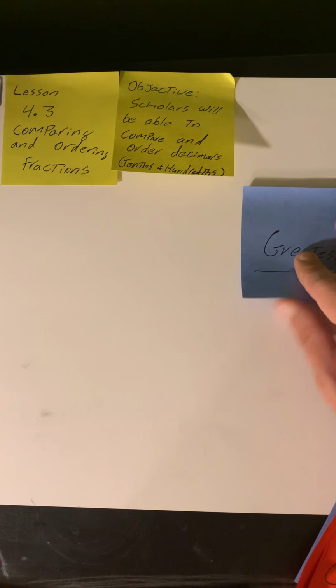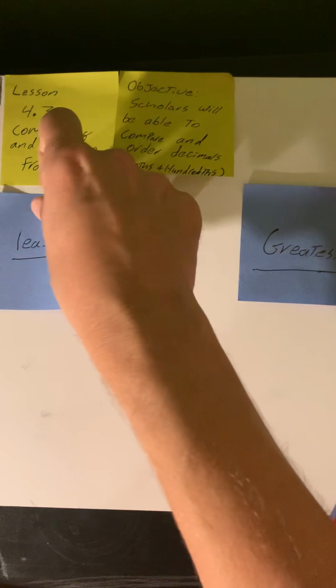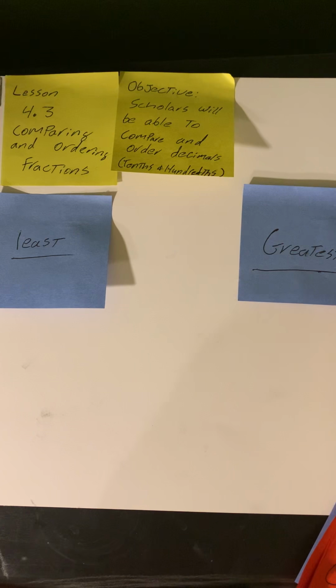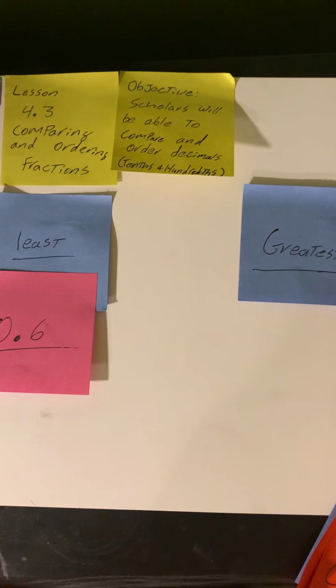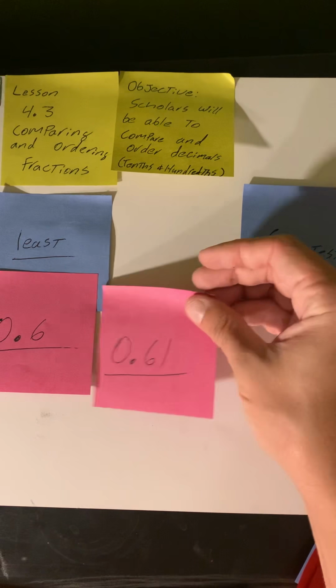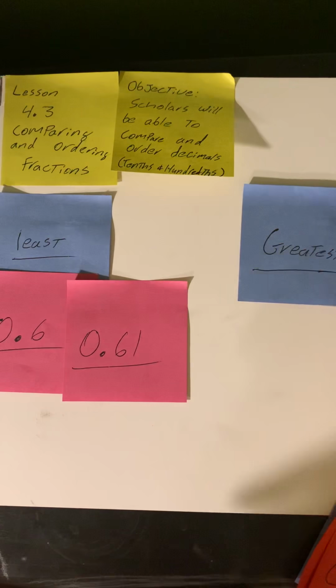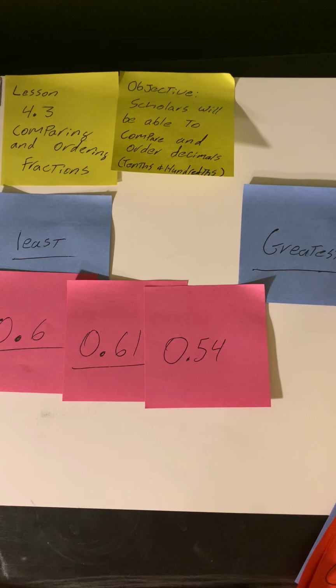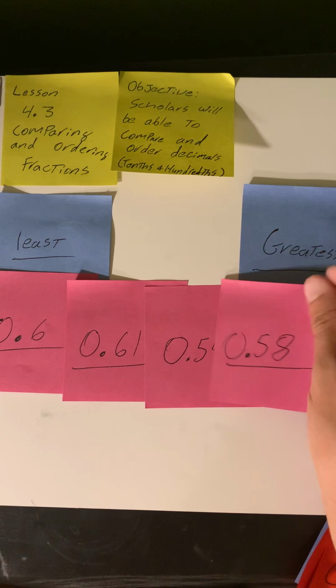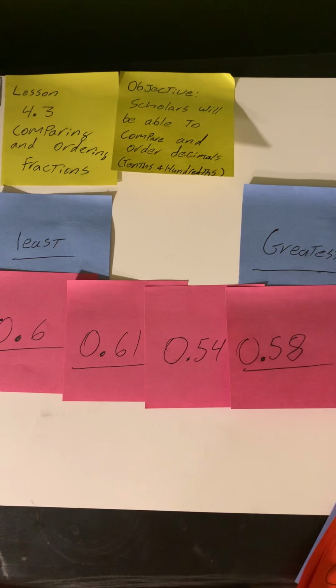For your next number, I'm going to give you 4 numbers, and I want you to arrange them from least to greatest. 4 numbers you have now: 0.6 or 6/10, 0.61, 61 hundredths, 0.54, 54 hundredths, and 0.58, 58 hundredths.